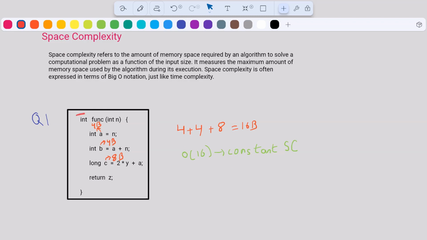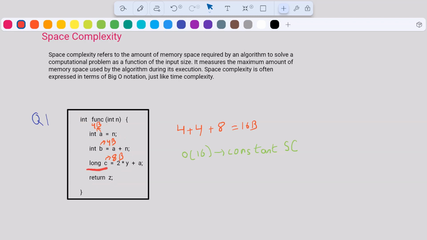In this problem you can see there is a function where first int a is equal to n, int b is equal to a plus n, and there is a long c which will do y plus a, and it will return z. For an integer variable, the memory allocated will be 4 bytes. There is again an integer variable, for this also the memory allocated will be 4 bytes.